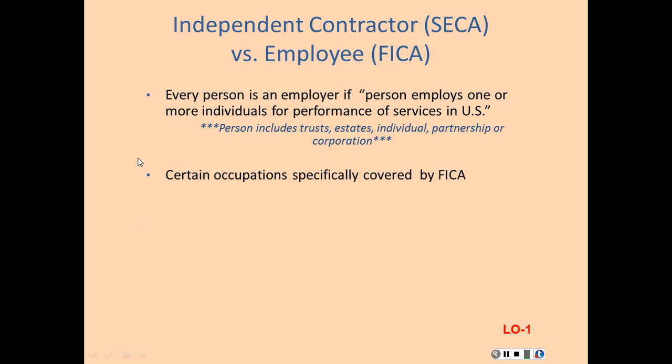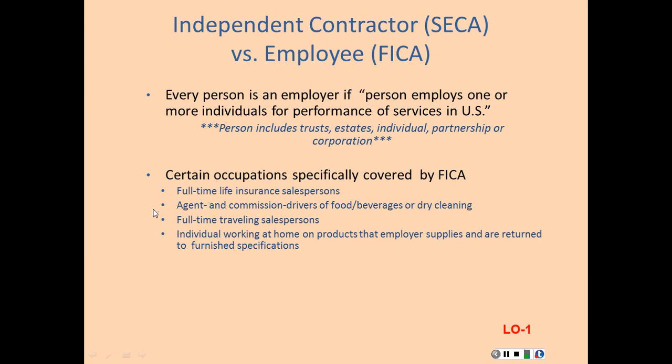Over the course of history, certain occupations, for differing reasons, have become noted as being specifically covered by FICA. It probably came up under this notion of, for example, a life insurance salesperson. Are they an independent contractor or are they employed?